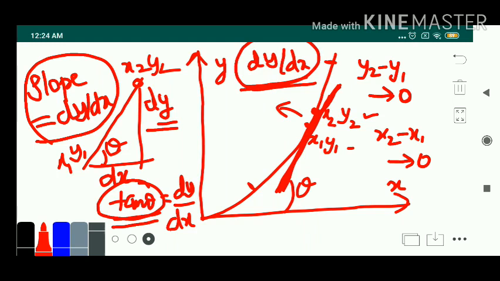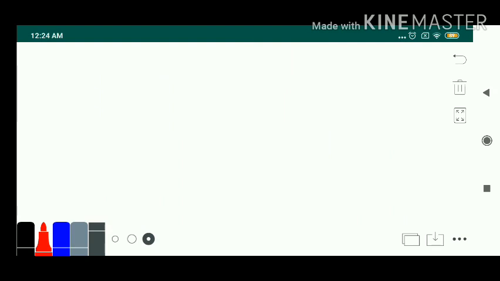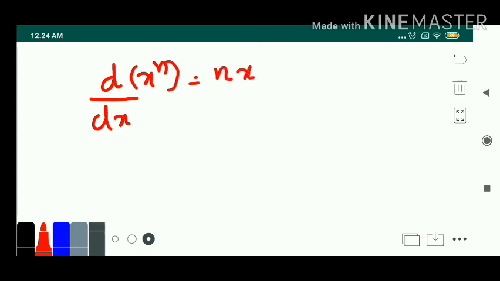Clear? Now I will give you one formula, because that is only needed. d by dx of x raised to n is equal to n into x raised to n minus 1. I hope you understand what it is. If you have a function x raised to n, which is to be differentiated with respect to x itself, the formula is this one.